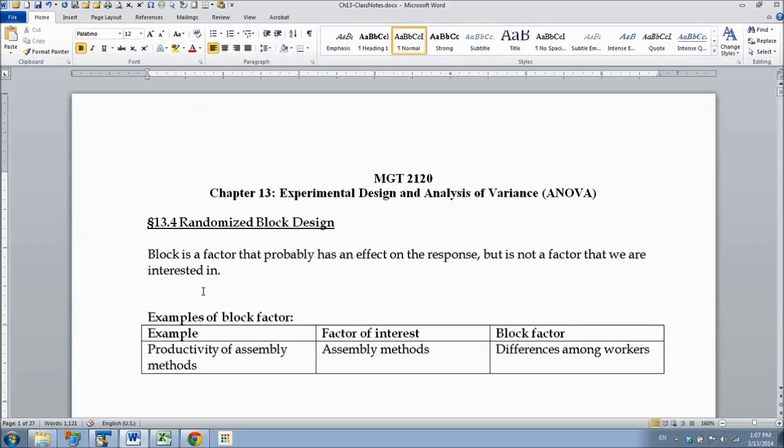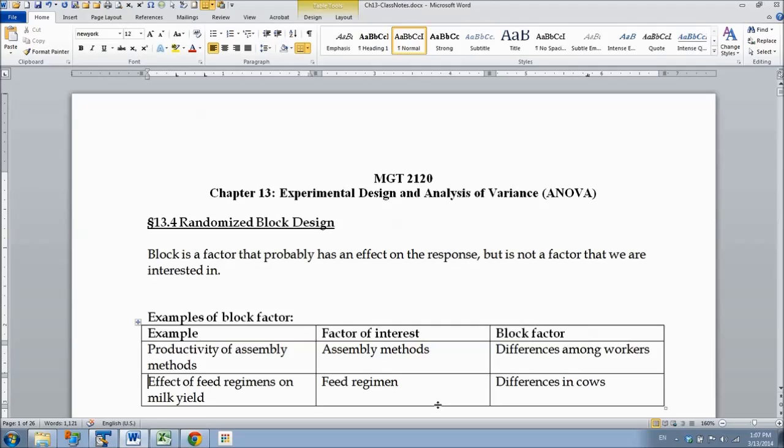And therefore, in this example, the factor of interest is the different assembly methods. The factor that is there but we are not interested in is the differences among workers. So differences among workers is the block factor.